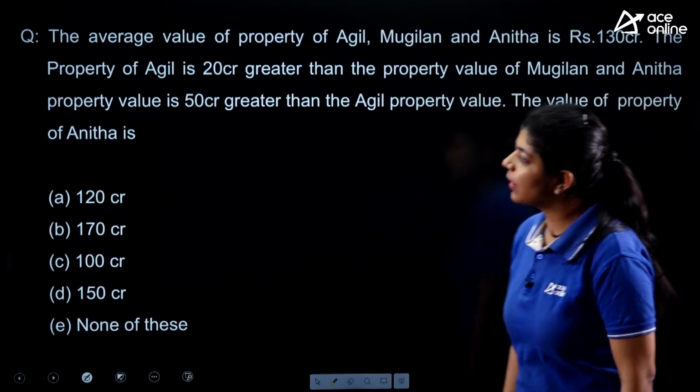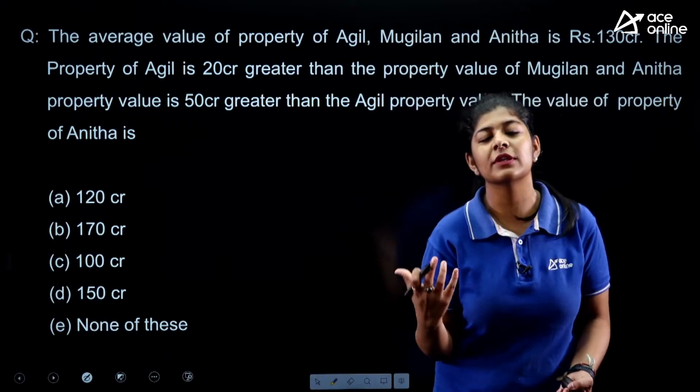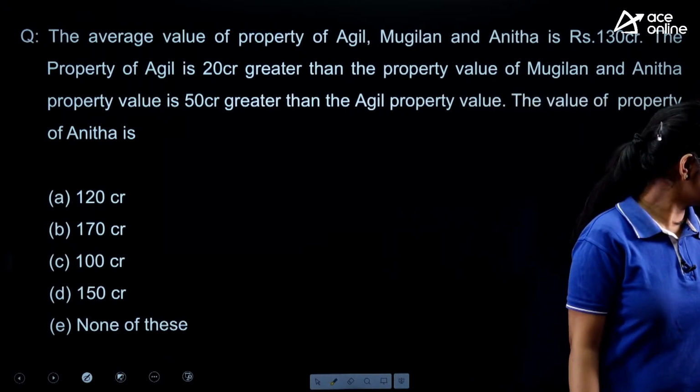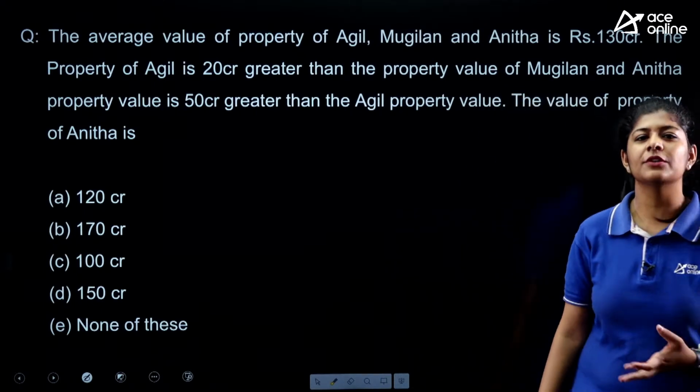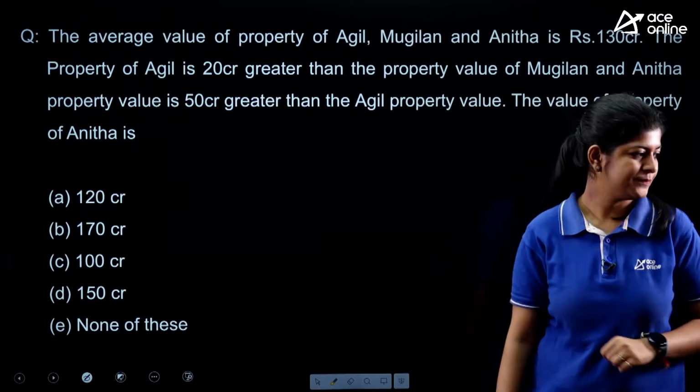We just have to find out the value of Anita's property. So how are we going to determine it? All we need to do is simply use the concept of average over here, and we can easily calculate the answer.